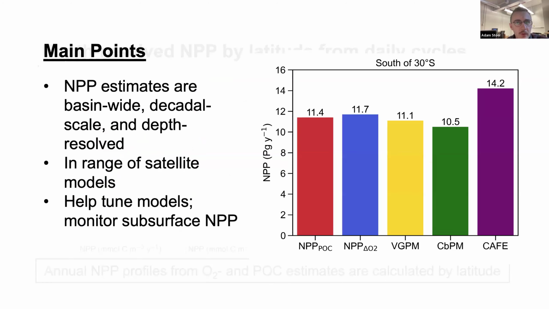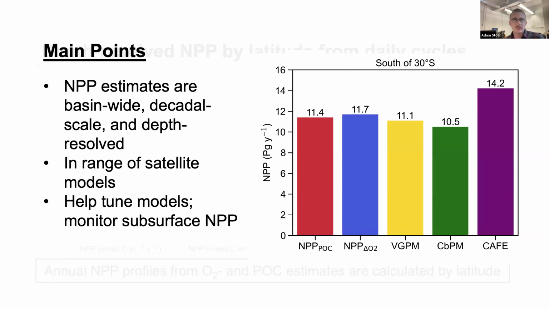And so the main point of this is that we can get depth resolved NPP on basin-wide scales, that's effectively working like an average of the last decade of measurements. And that's really useful because if we were going to go out on a boat and take water samples, these are point measurements and there could be noise.